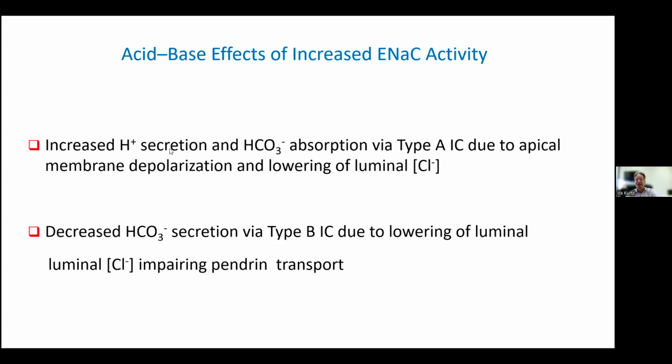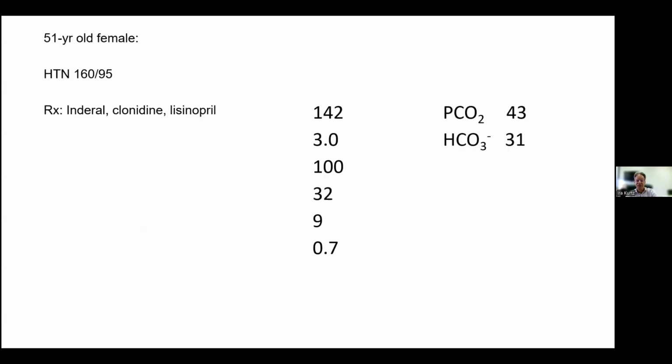It is because of increased proton secretion and bicarbonate absorption via the type A intercalated cell due to, number one, membrane depolarization from our current loops, and secondly, lowering the luminal chloride concentration from the paracellular chloride transport so that we lower the intracellular chloride and stimulate AE1 on the basolateral membrane. And secondly, we affect type B intercalated cell secretion by lowering the luminal chloride concentration. We impair pendrin-mediated secretion of bicarbonate into the lumen.